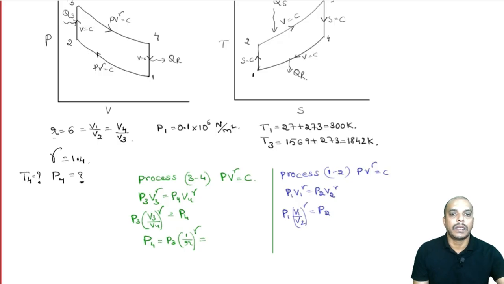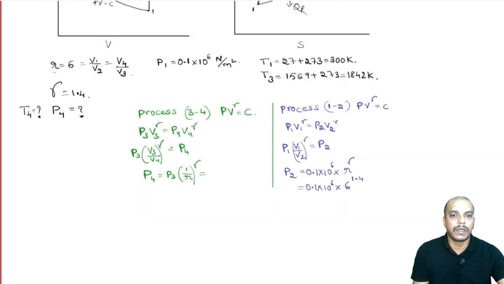Therefore, P2 is equal to P1, we know 0.1 into 10 power 6, and V1 by V2 is R. Now, R power gamma. So, that is 0.1 into 10 power 6 into R is 6, power gamma is 1.4. So, that we can solve.